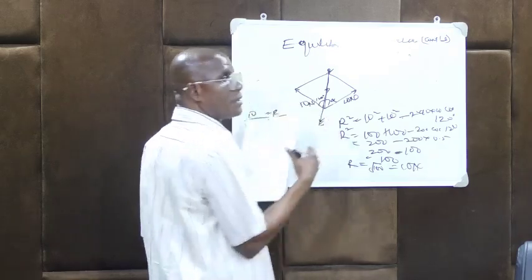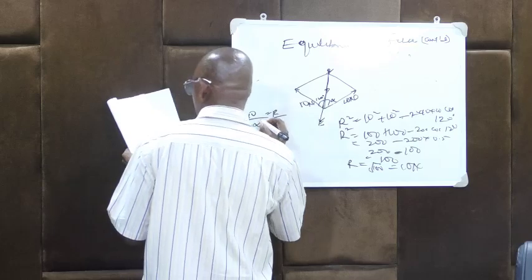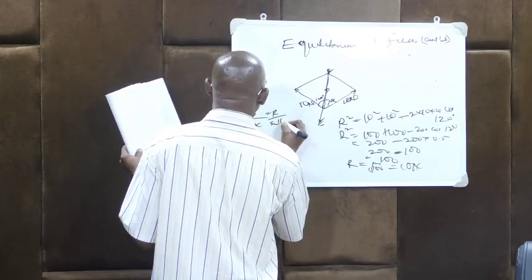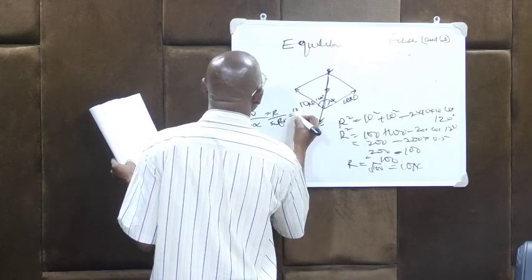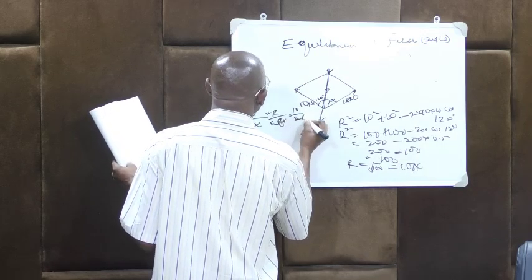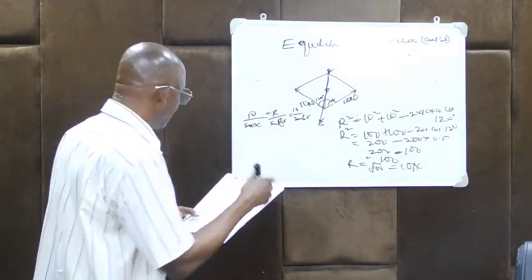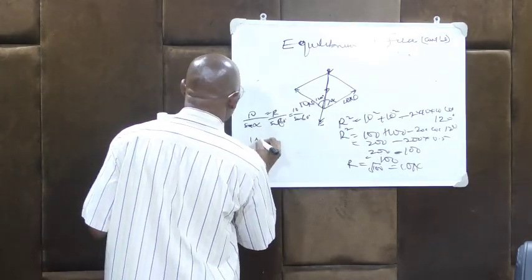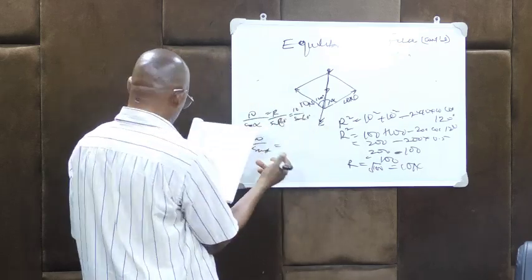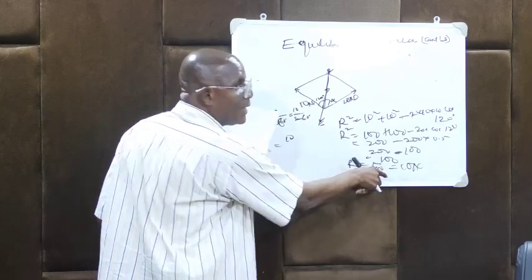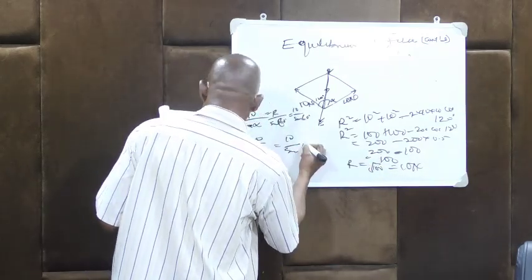This angle is 120, and since the total is 180, this angle will be 60, so it is sine 60 degrees. Then that equals 10, one of the sides, also over sine 60 degrees. You can pick any two since they are all equal. So 10 over sine alpha equals, because we have calculated the value of R, also 10 over sine 60 degrees.